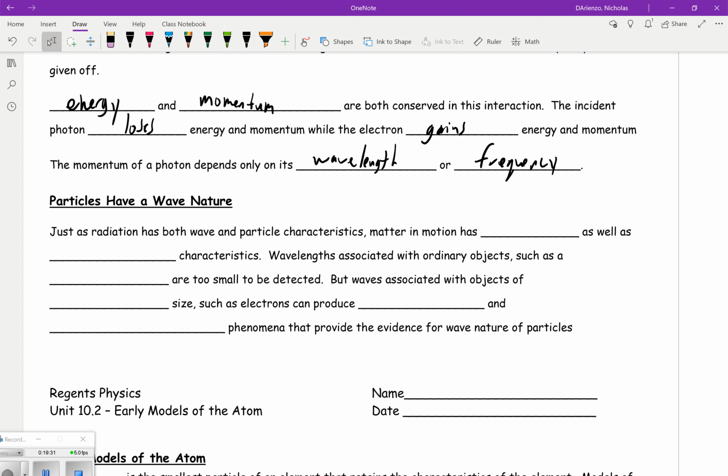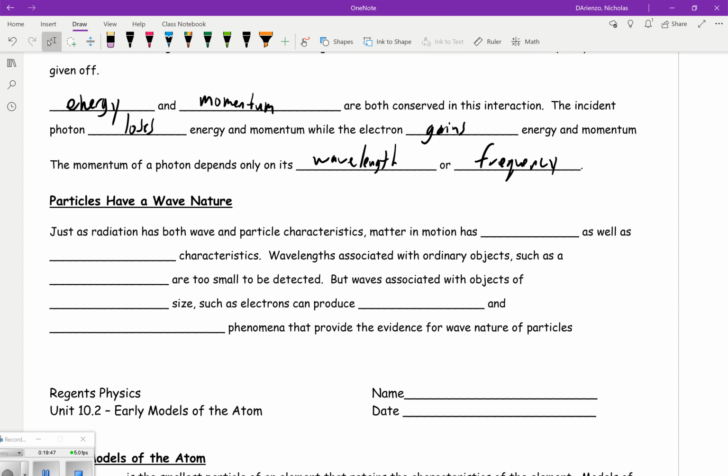Now we've been talking about waves having a particle nature, but particles also have a wave nature.